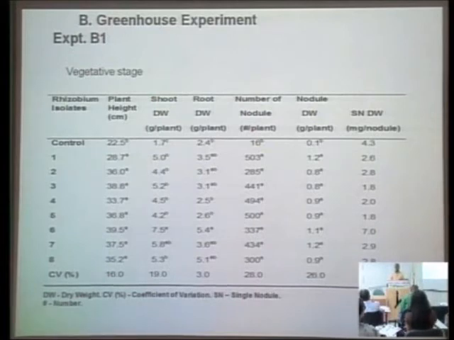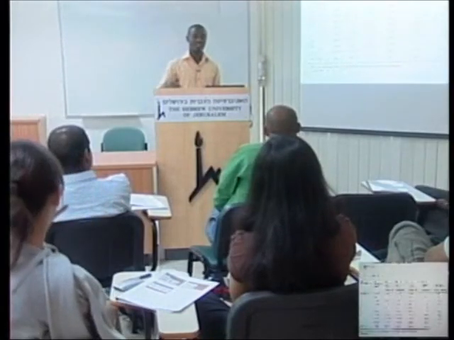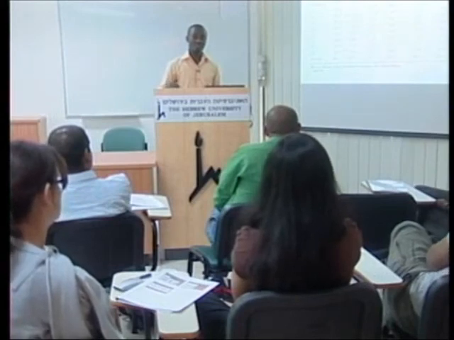Yeah, there is, because one thing happened. We observed that when it forms more nodules, after picking the nodules from the roots, the roots become lighter, right? Because we have to remember that it's the root hairs that form the nodules. So when it forms a lot of nodules and we take them out, the roots become lighter. We also have to bear in mind that the plants have to feed the rhizobium and also feed the root with the same starch.